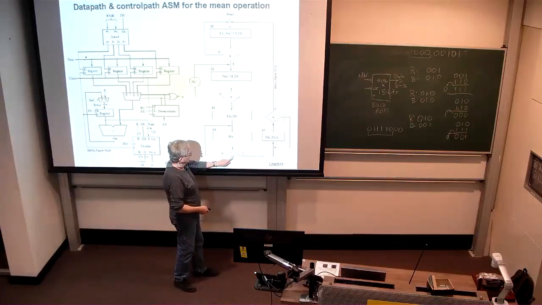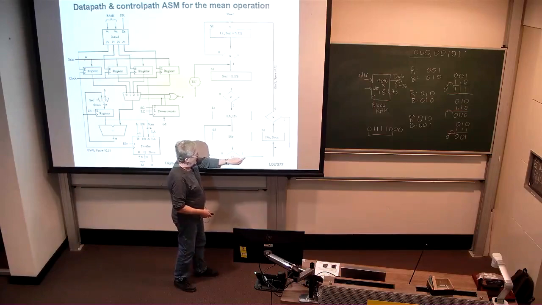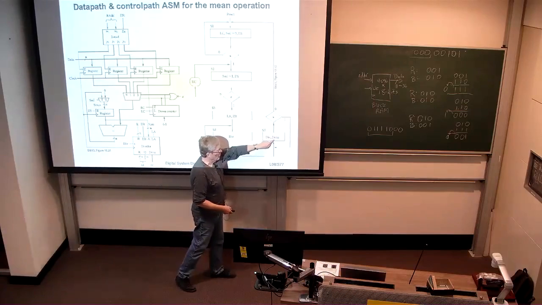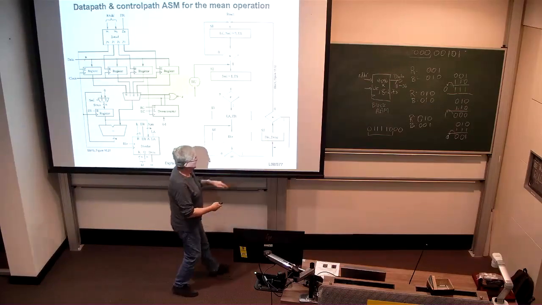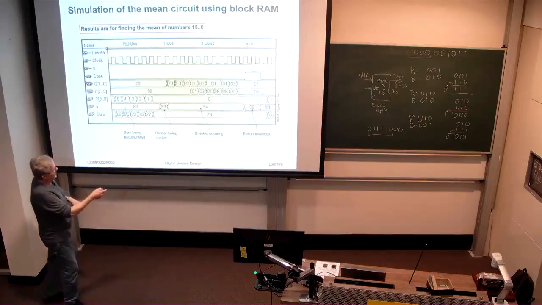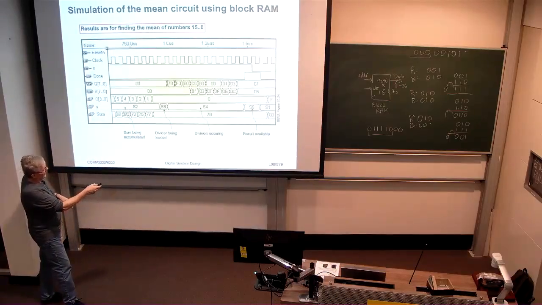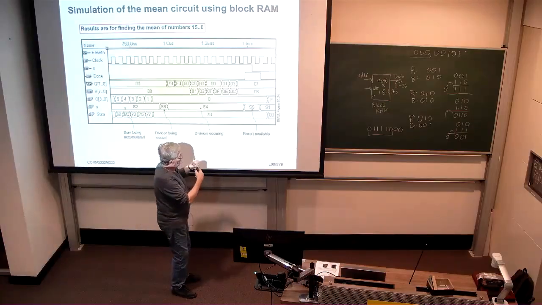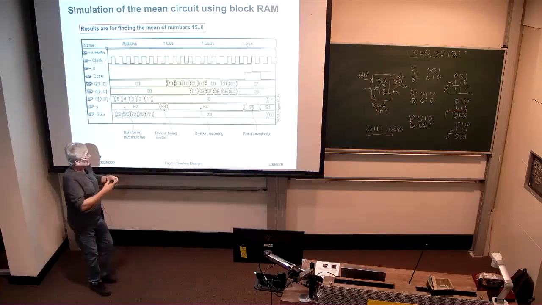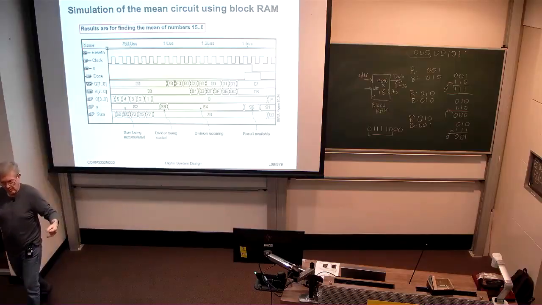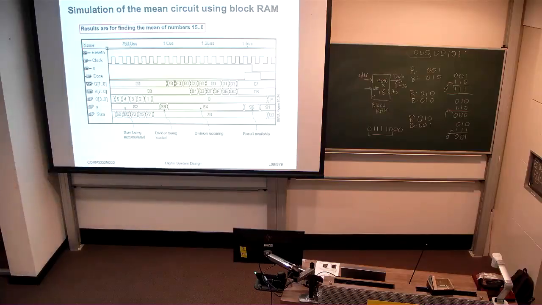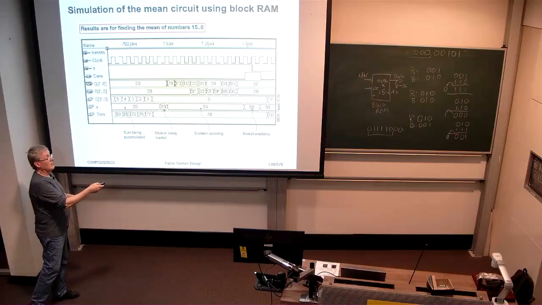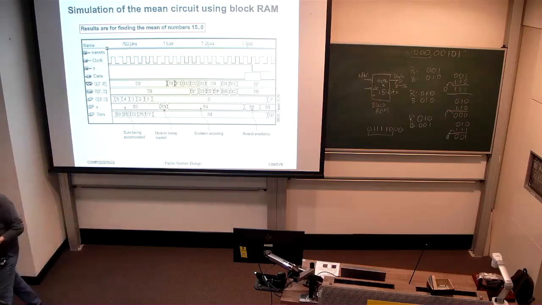It's asserted its done signal, and it's only the next clock cycle that we can assert our done signal, which is what we see happening over here. So the 78 that we got loaded with here, the sum of the numbers 0 through 15, divided by 16, of course, is an average of 7 with a remainder of 8.